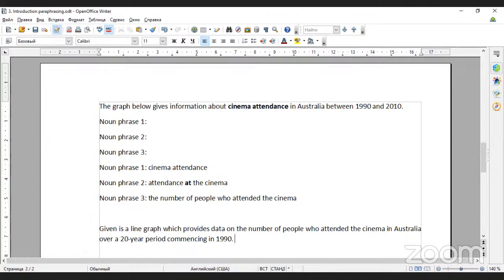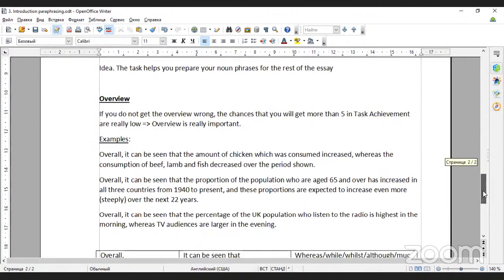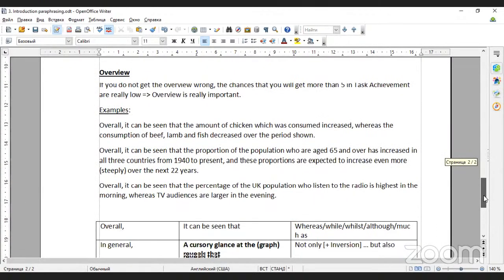Never. But if your introduction isn't done very well, then it can harm. What is important is the next part of the writing, that's the overview. If you do not provide a clear overview, you limit yourself to band 5 in task achievement. So overview is really important.